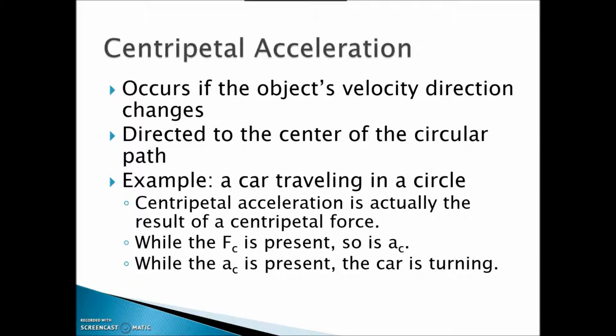While this force is present, so is centripetal acceleration, and while the centripetal acceleration is present, the car is going to be turning. In a sense, tangential acceleration is how fast the car is speeding up or slowing down, and centripetal acceleration is how fast the car is turning.